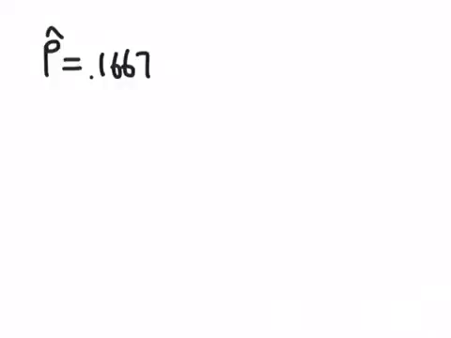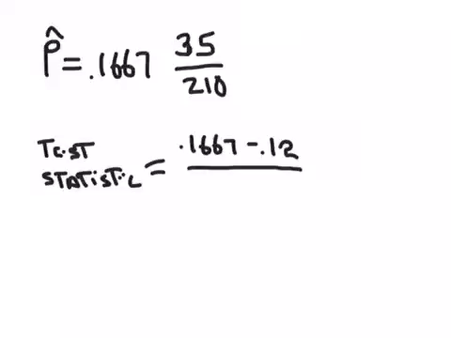So our sample proportion, that's p hat, is 0.1667. How do we get that? Well, we do division, which is 35 out of the 210 cars. That's how we get that number. All right. So we get a z-score, which we call a test statistic, and it's our observed value. Let's see, our observed value right here minus the parameter over standard deviation. Whoops, I forgot about the standard deviation.